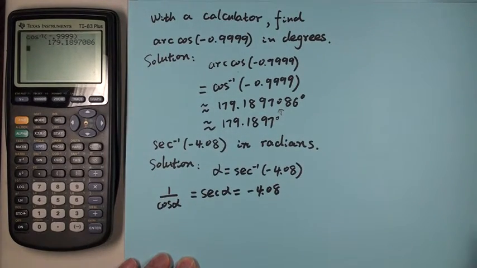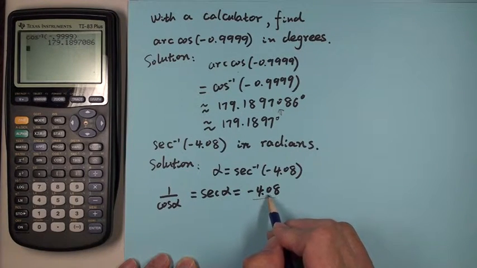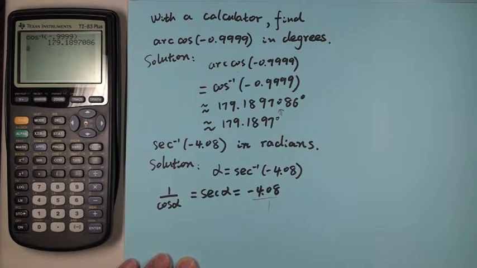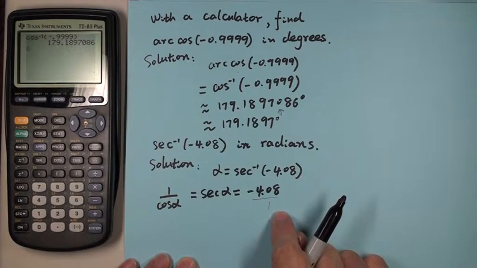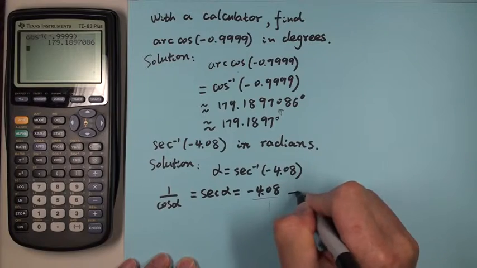Negative 4.08 is negative 4.08 over 1. You flip both numerator and denominator concurrently. Then what do we get?